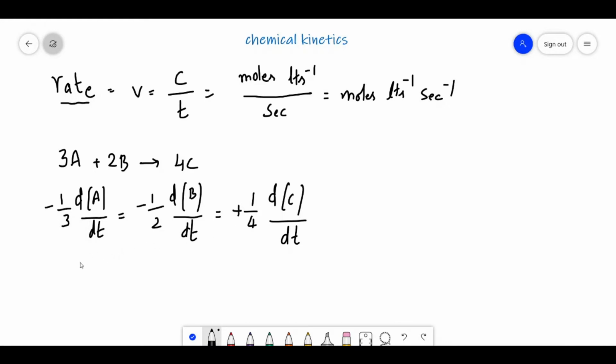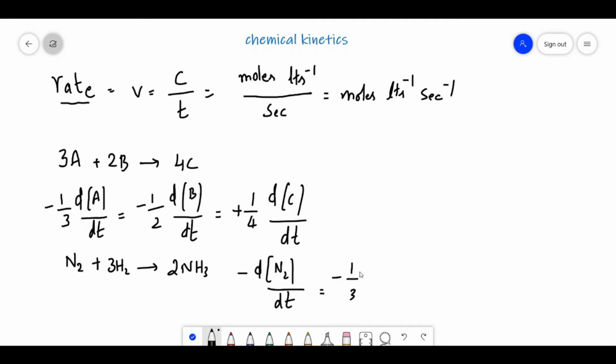If any reaction is given like N2 plus 3H2 gives rise to 2NH3, and if they ask to write the instant rate, then you can write it in this way. So it is 1 mole of nitrogen, so take it as minus d of N2 by dt is equal to, 3 moles is taken as minus 1 by 3.